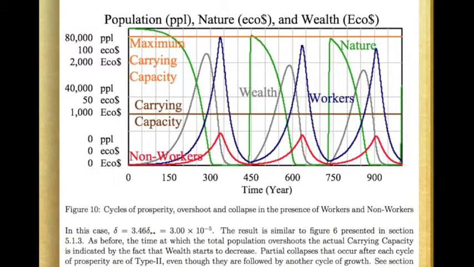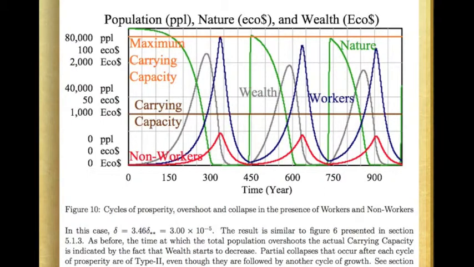If you push the production rate even higher, then you start getting the higher oscillations, the cycles of prosperity, overshoot, and collapse. Essentially you can see nature goes down, collapses completely, and for a while there's no nature, so everybody else collapses, but nature then is able to regenerate.